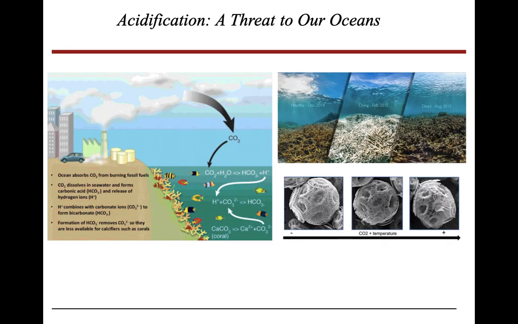And what we tend to find is when that CO2 dissolves into the water and forms those excess hydrogen molecules, it forms a molecule known as HCO3, which is called carbonic acid. And that carbonic acid tends to steal away carbonate molecules. Carbonate is a form of calcium, which is really important for coral reefs and plankton.